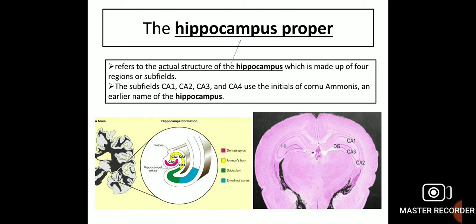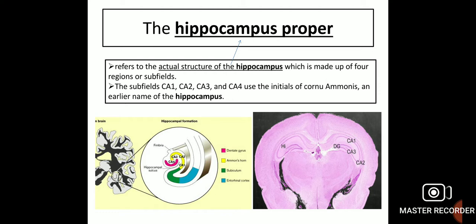The pink shaded area is the dentate gyrus, or DG, which you can see in the right figure of the histopathological section of the hippocampus. The green shaded area is the subiculum, and the last part is the entorhinal cortex.